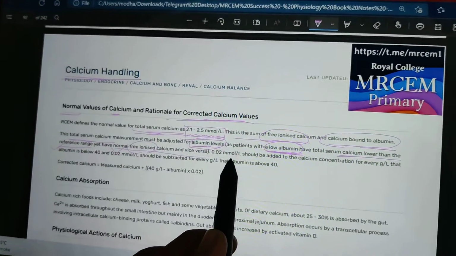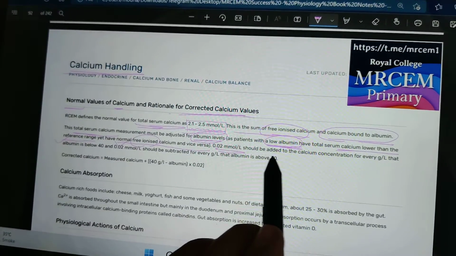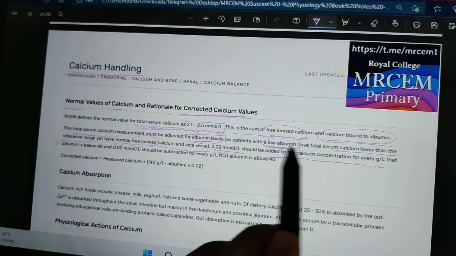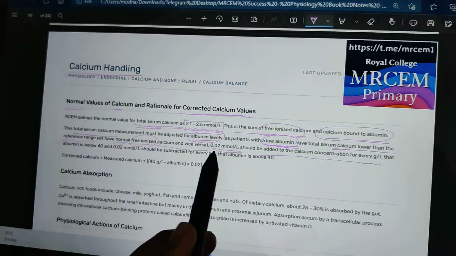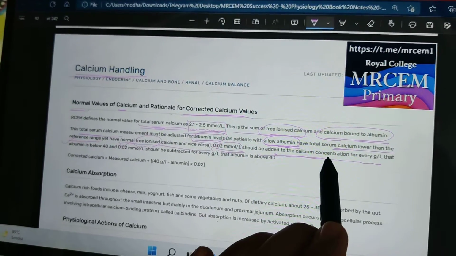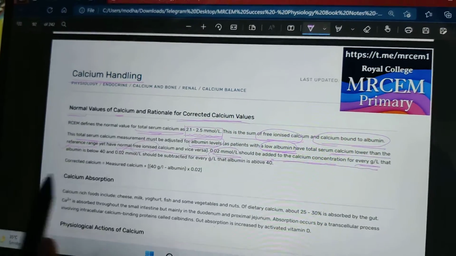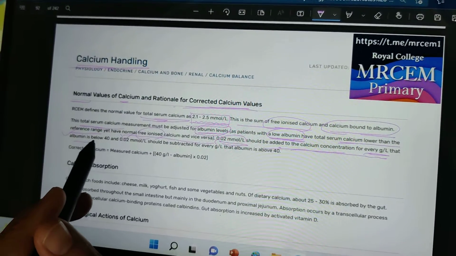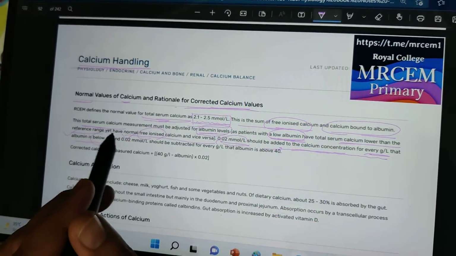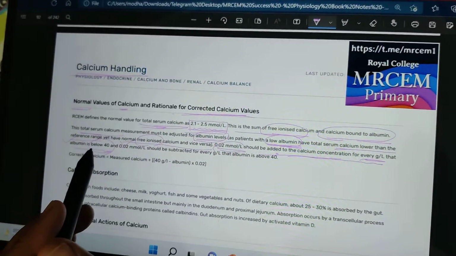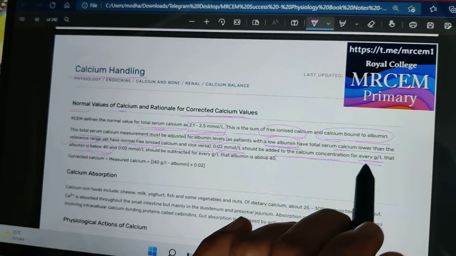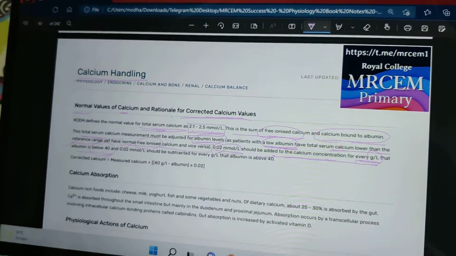Okay, 0.02 millimole per liter should be added to the calcium concentration for every gram per liter that albumin is below 40. If albumin is below 40, 0.02 millimole per liter should be added for every gram per liter.